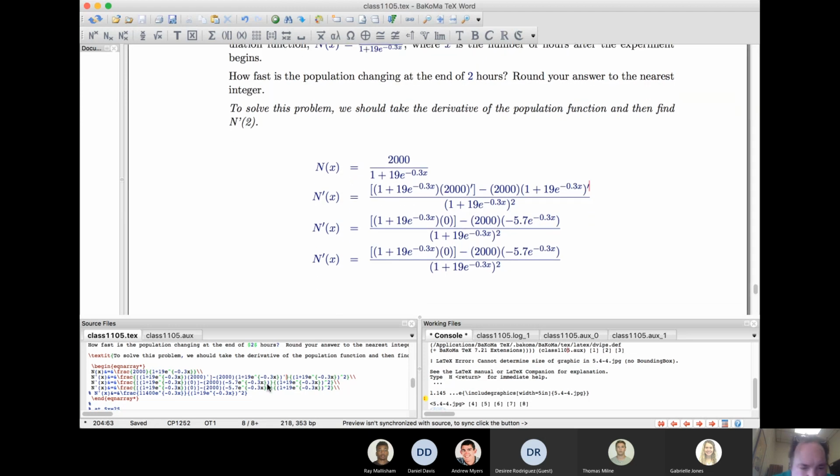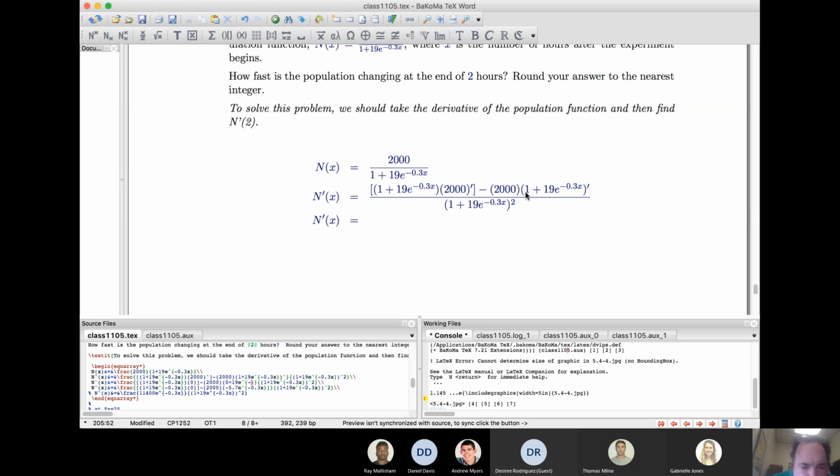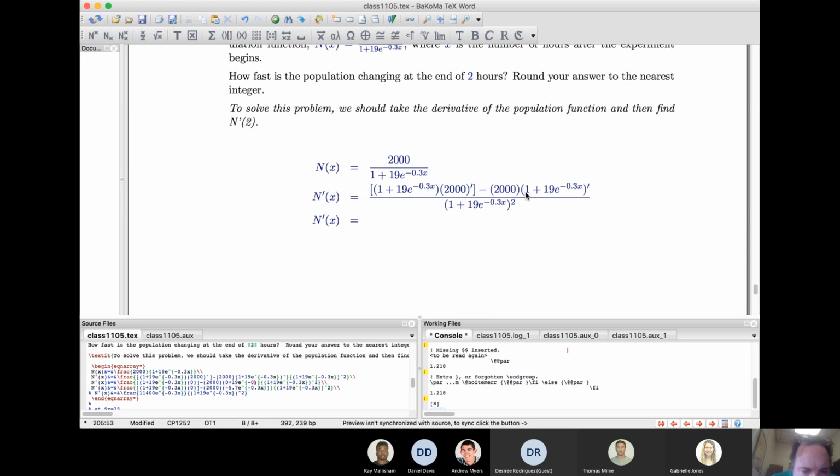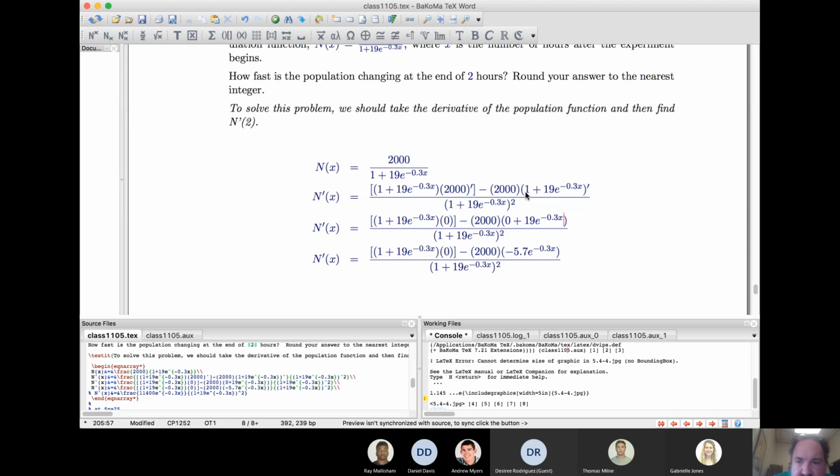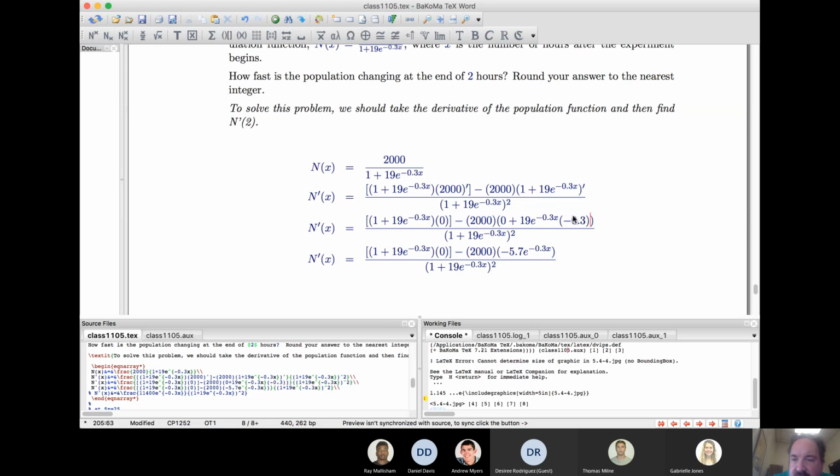And then as that is worked out, you get, just so you can see where everything comes from, 0 from taking the derivative of 1 plus 19 e to the minus 0.3x times the derivative of the exponent, which is minus 0.3. So then, because of this, like I said, this term will go away.